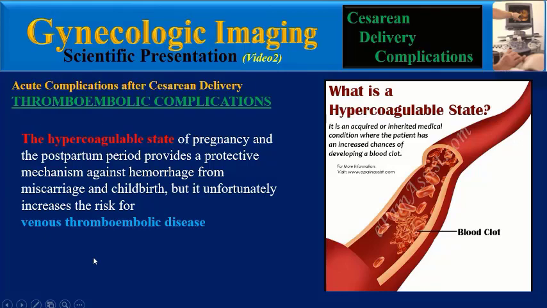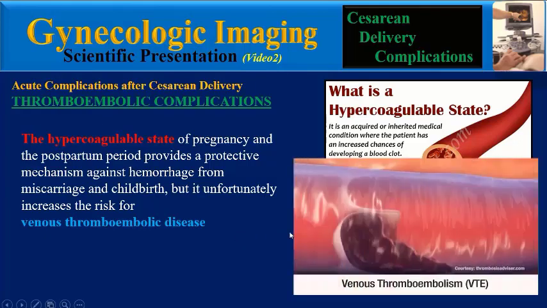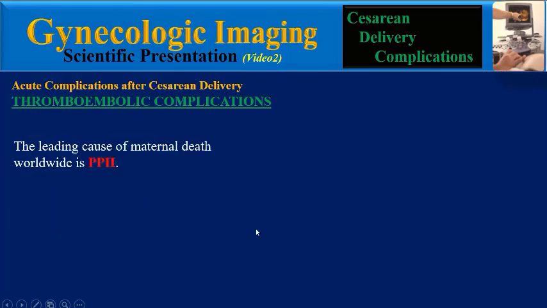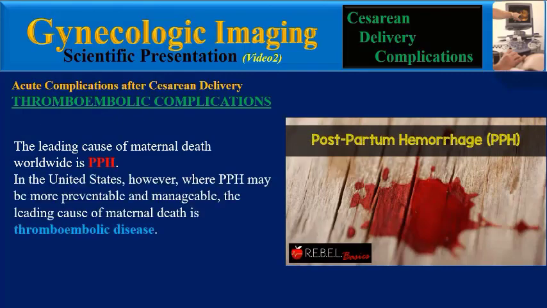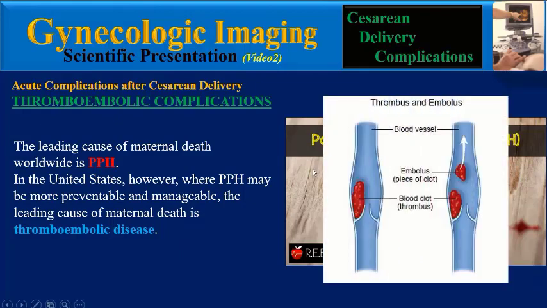it unfortunately increases the risk for venous thromboembolic disease. The leading cause of maternal death worldwide is postpartum hemorrhage. In the United States, however, where postpartum hemorrhage may be more preventable and manageable, the leading cause of maternal death is thromboembolic disease.